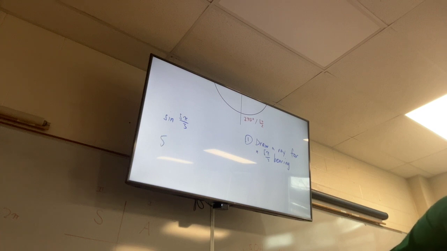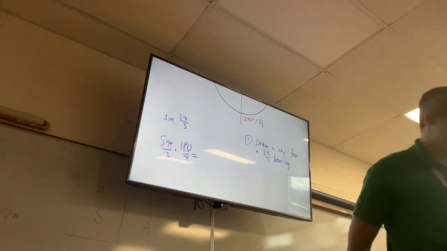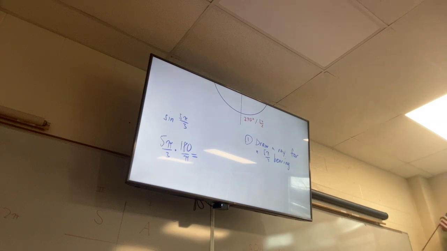If I convert 5 pi over 3 radians to degrees, I multiply by 180 over pi. What is that?